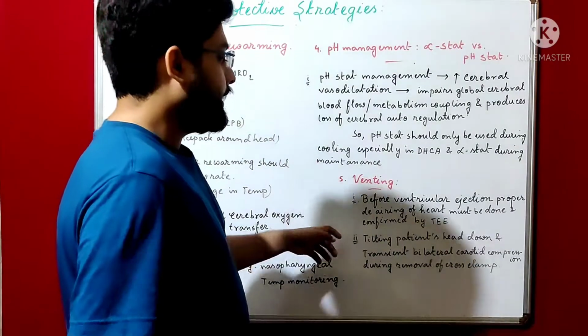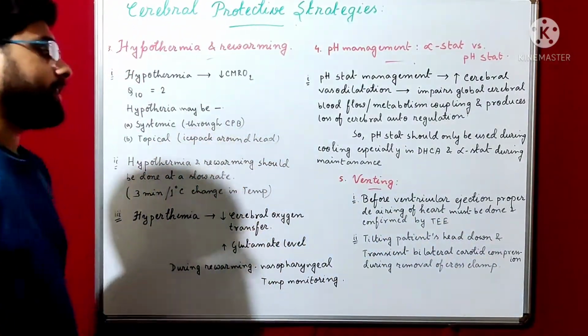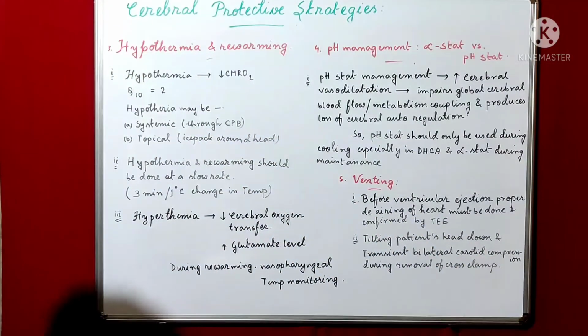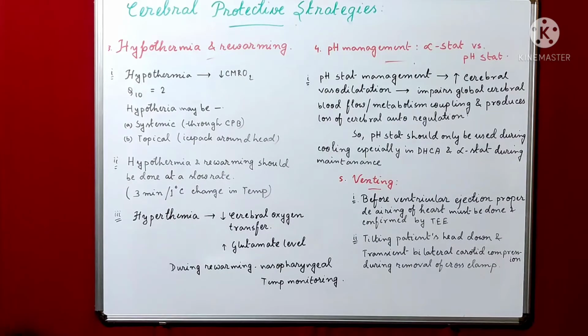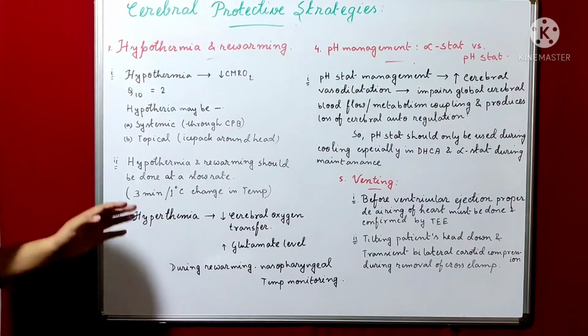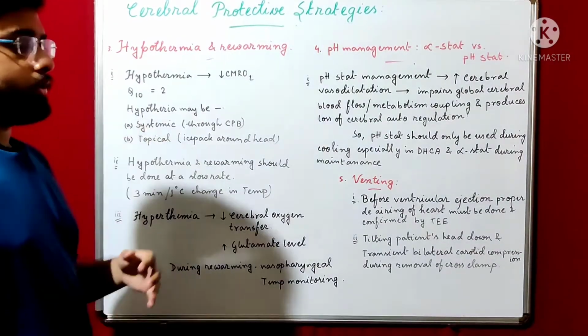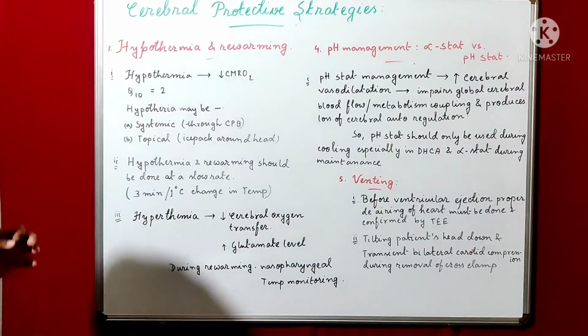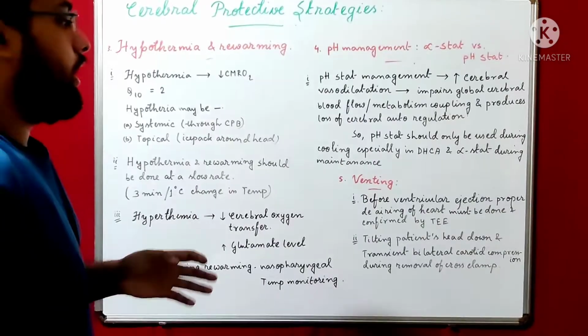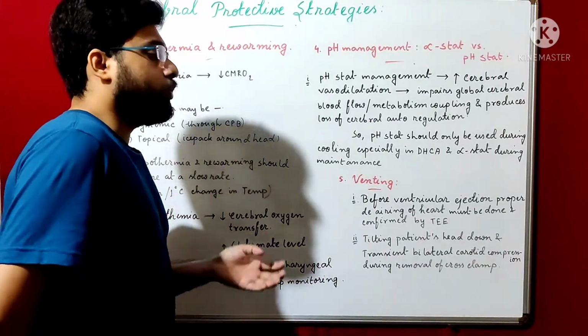Next is tilting the patient's head down and transient bilateral carotid compression during removal of the cross clamp. Again, the same concept. The head is tilted down. As we all know, inside a liquid, an air bubble has a tendency to go upward.